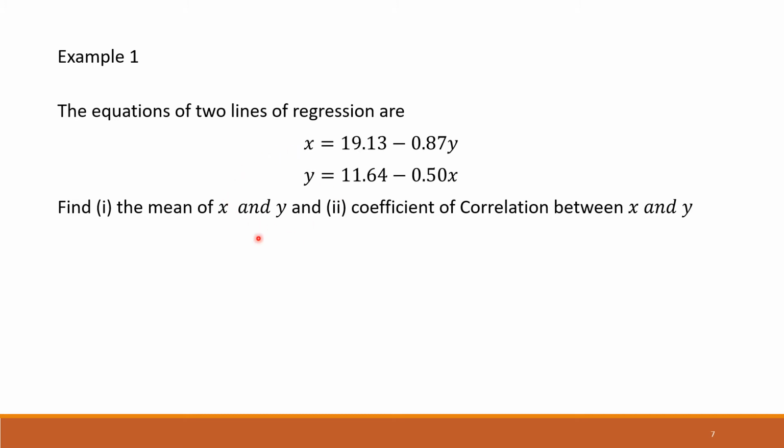Now the mean of x and y are got by calculating the point of intersection of these two lines of regression. Point of intersection can be got by solving these two equations simultaneously. So we have to solve these two regression equations simultaneously and get the values of x and y.